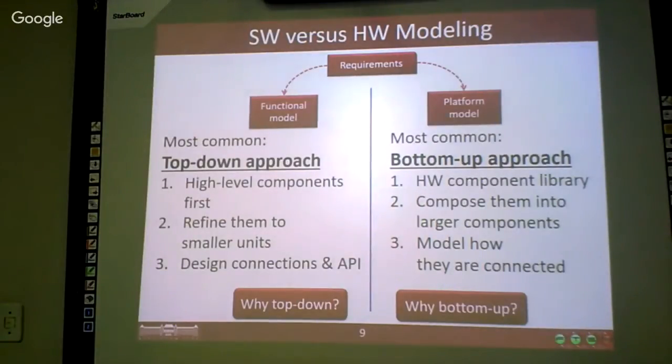So you have a library from which you can compose your system together to satisfy your requirements. That is the main reason why we use different approaches. But actually, if you are a real hardware designer, then this can be changed.